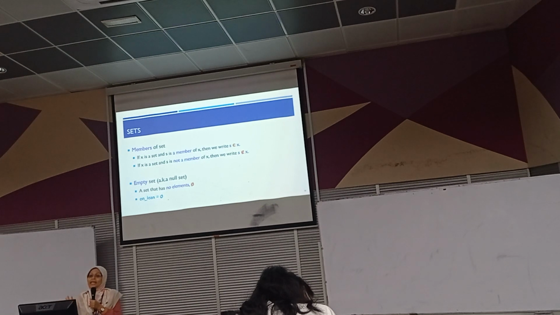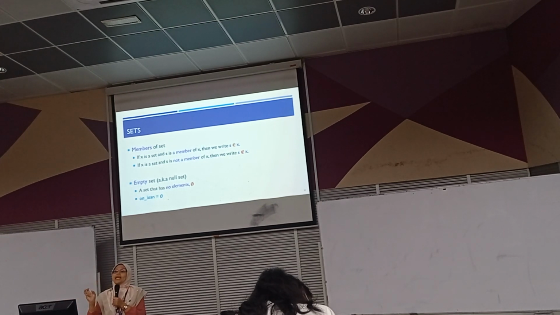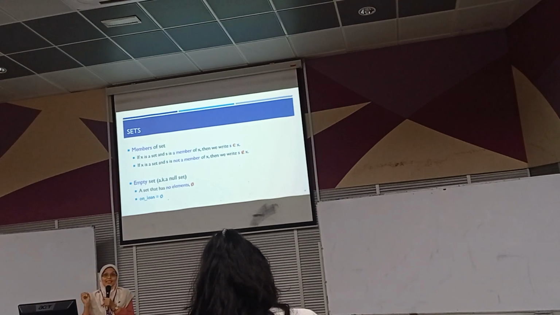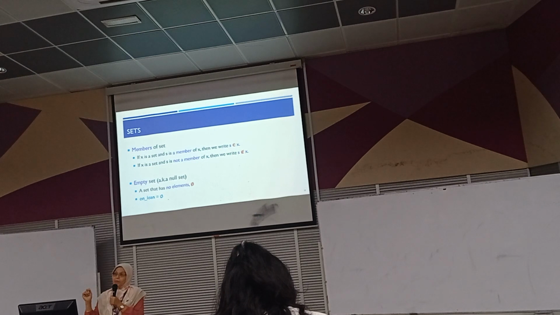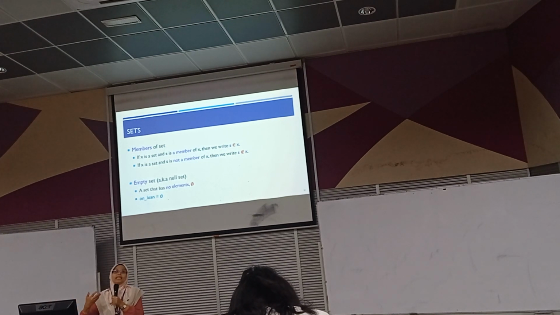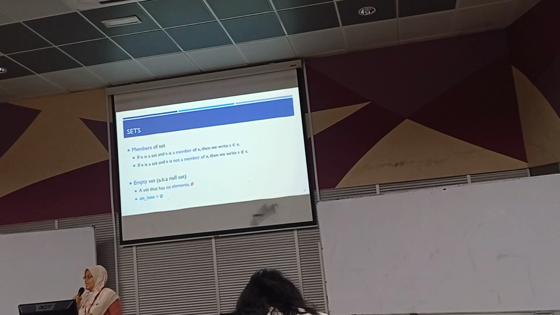Normally this symbol is actually for you to do precondition, meaning checking before you can proceed. This symbol, member of, not a member of, is for you to check whether the data exists or does not exist in the system. For example, I have customer just now in my database. Then I want to add a new customer into my database.